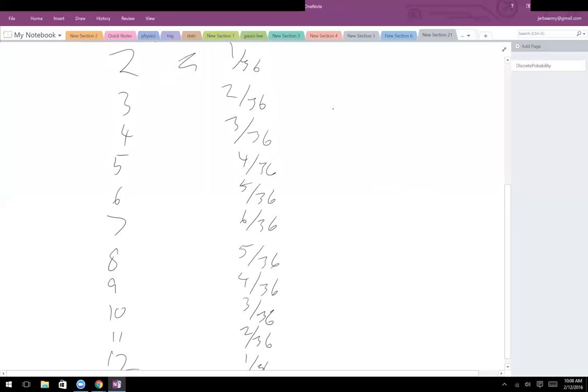The important thing is, if you add up all the probabilities, what do you think you get? Well, yeah, if you add up all the numerators, you get 36 out of 36, which is 1, right? And the other thing is that all the probabilities are between 0 and 1.